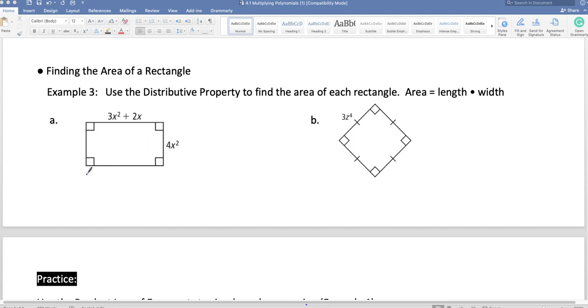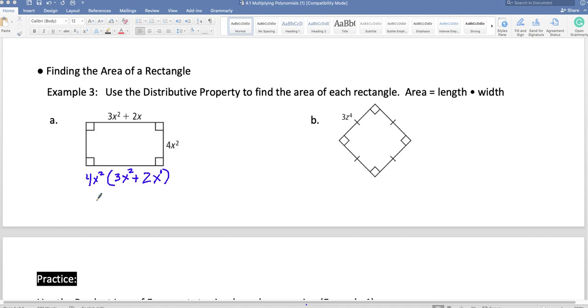So I'm going to go ahead and write this as 4x squared, and I'm going to multiply this entire binomial. So I've got 3x squared plus 2x. And I've got an understood 1 right there.